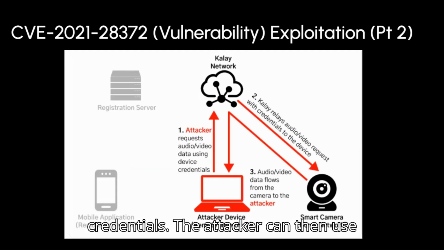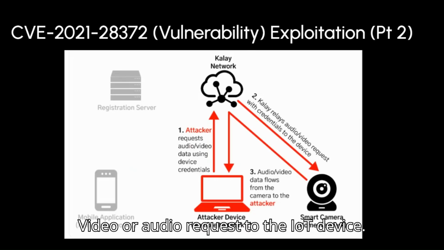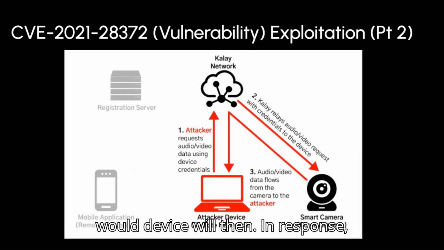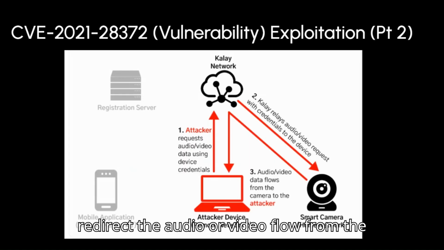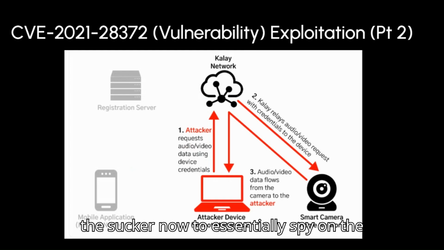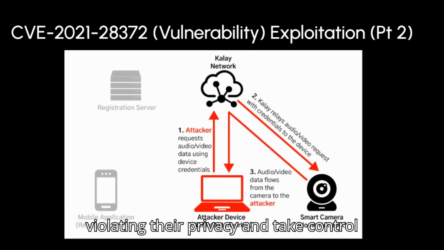The attacker can then use those same credentials to send a video or audio request to the IoT device, impersonating the user. And the IoT device will then, in response, redirect the audio or video flow from the camera to the attacker's device, enabling the attacker to essentially spy on the victim, violating their privacy and taking control of their smart camera.